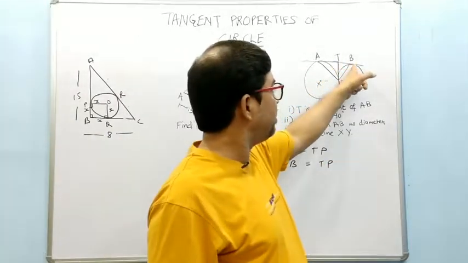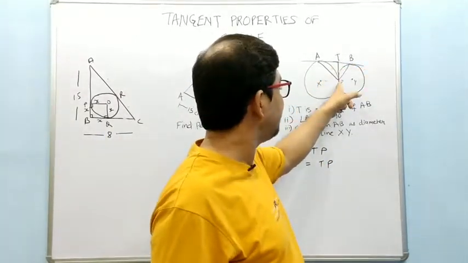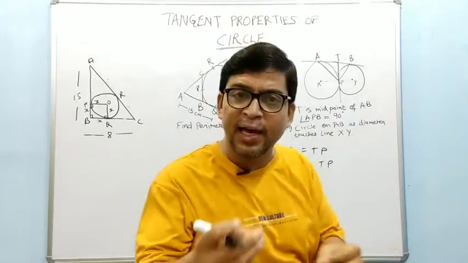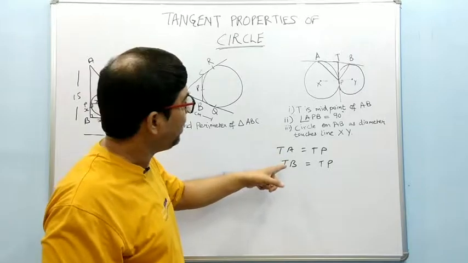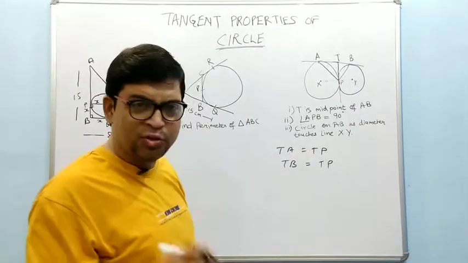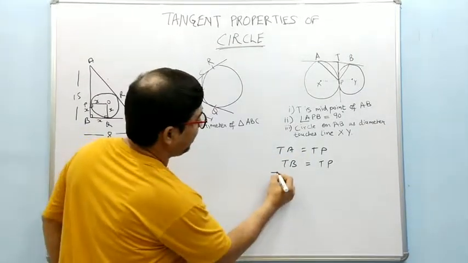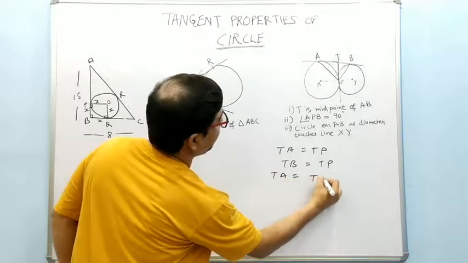Why? TB is tangent, TP is tangent to the circle, and they are equal in length. So TA and TB both are equal to TP. So we can write TA is equal to TB.